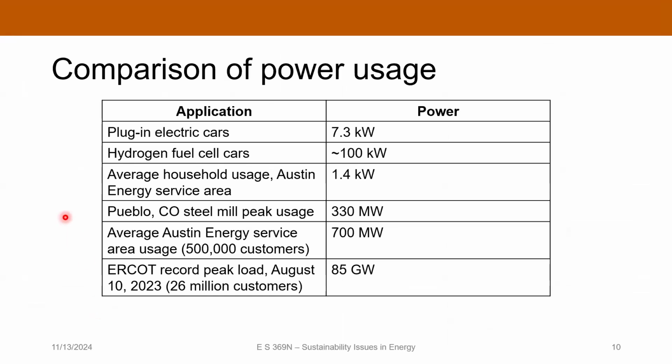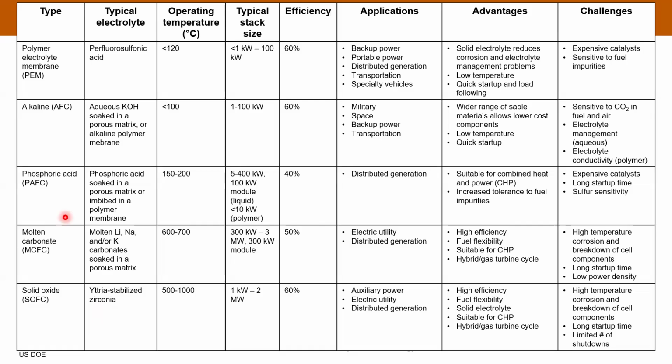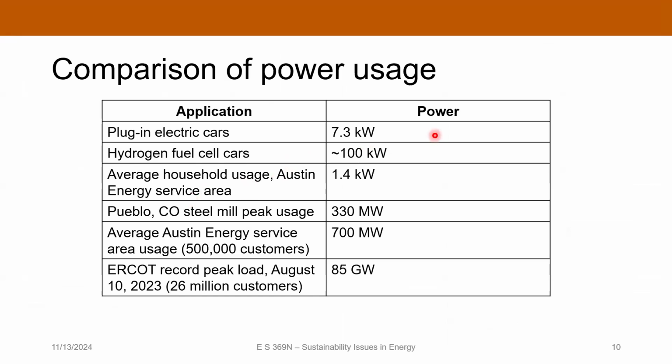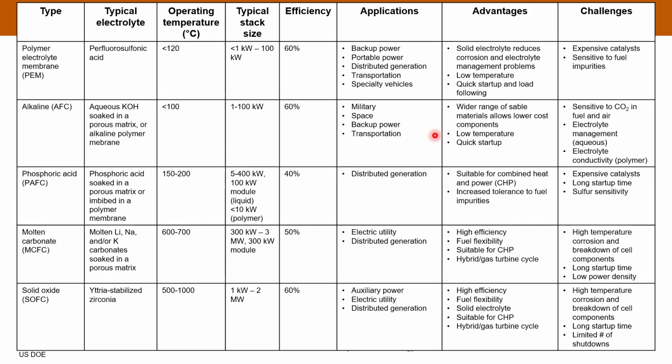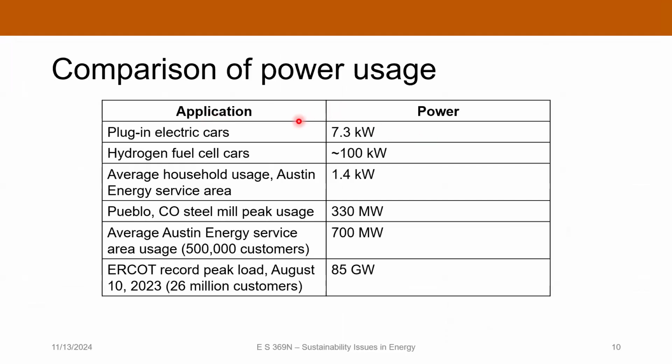Okay, so for power usage, if we look at what you can get out of these, a plug-in electric car is about 7.3 kilowatts. So these ones that operate at the kilowatt scale, you could power an electric vehicle off of those. Hydrogen fuel cell cars are about 100 kilowatts.